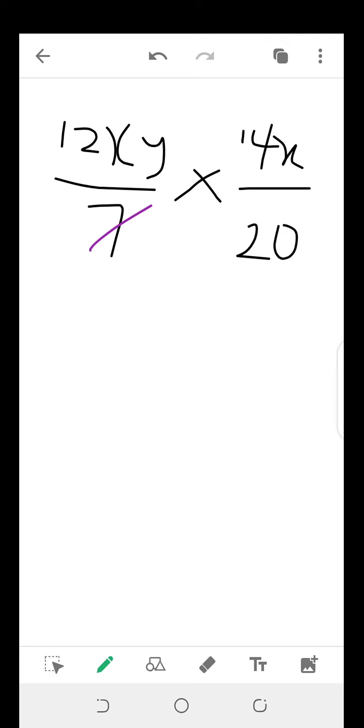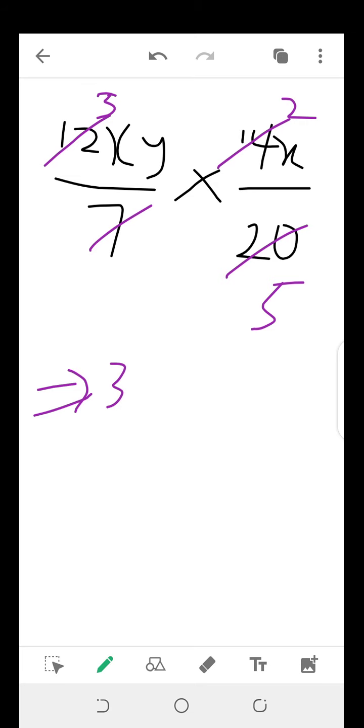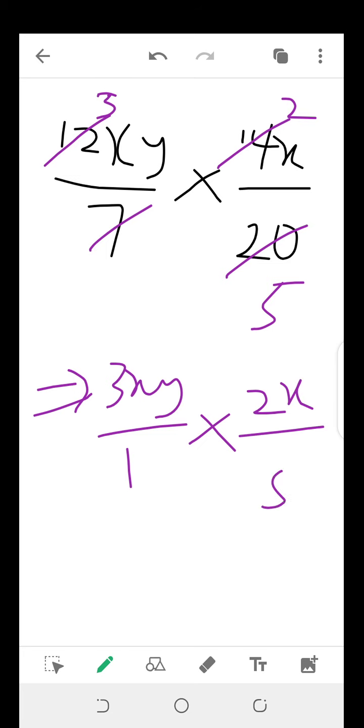So 7 goes into 7 one time, and 7 goes into 14 two times. Then 4 goes into 12 three times, and 4 goes into 20 five times. So we can break it down here, and then we have 3xy all over 1 times, here 14x has been reduced to 2x, I write it here all over 5.